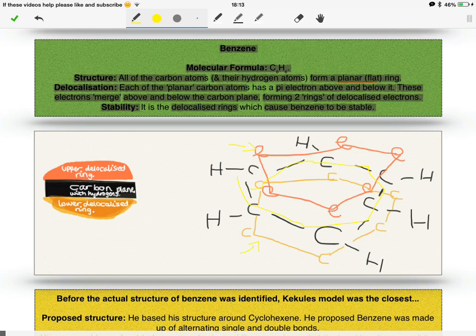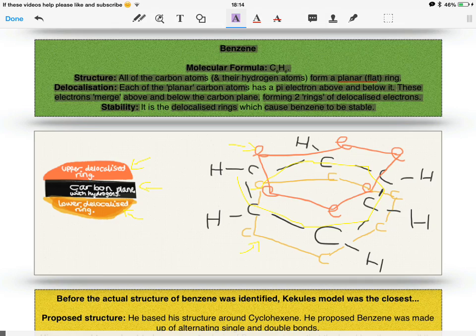So you should see that these make 3 layers, and the way that I like to remember it is think of a burger. We've got the plane in the middle here, which is the carbon plane with the hydrogens. Below we've got the lower delocalized ring, and above we've got the upper delocalized ring. That'll be a way you can remember that it's planar, because you may be asked questions about its structure in the exam.